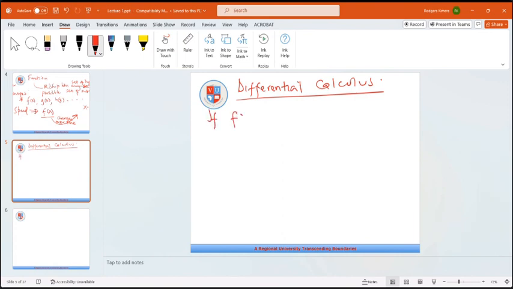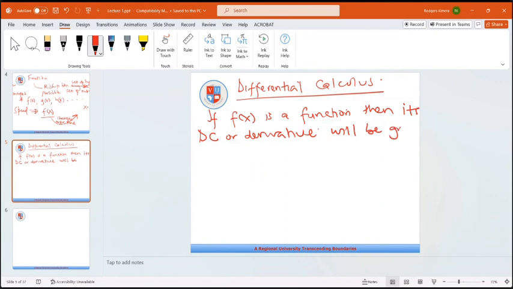So if f(x) is a function, then its derivative will be given by f prime of x.